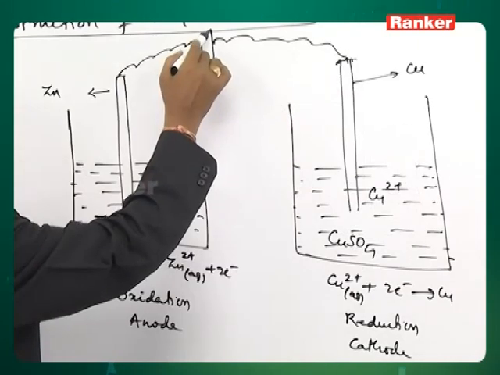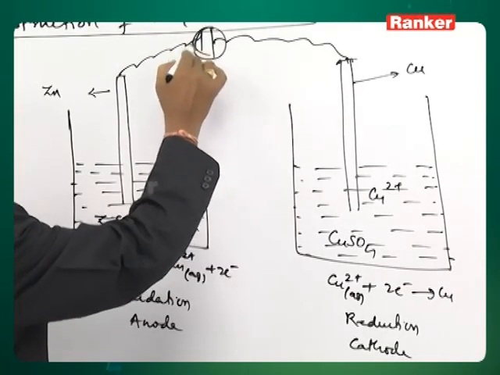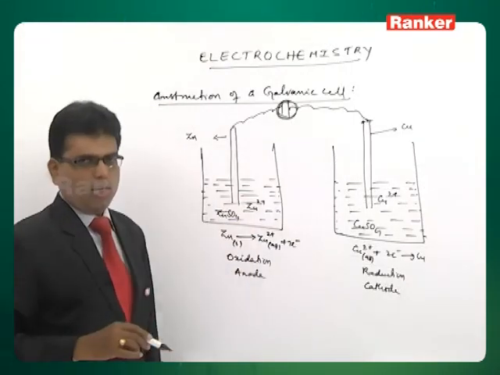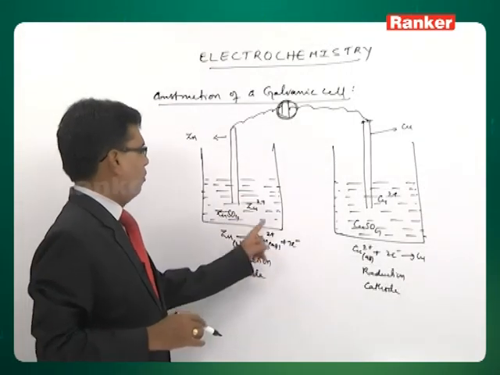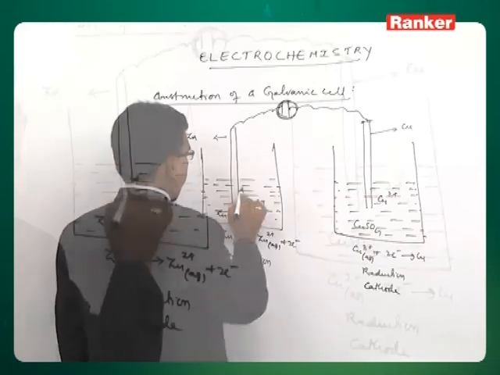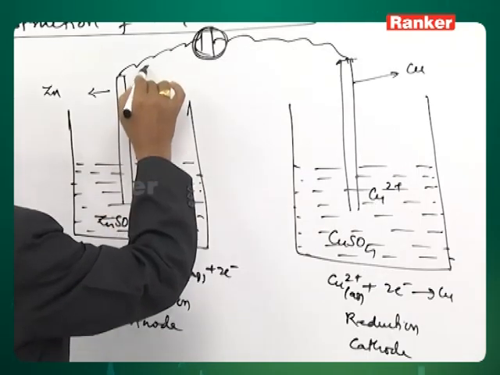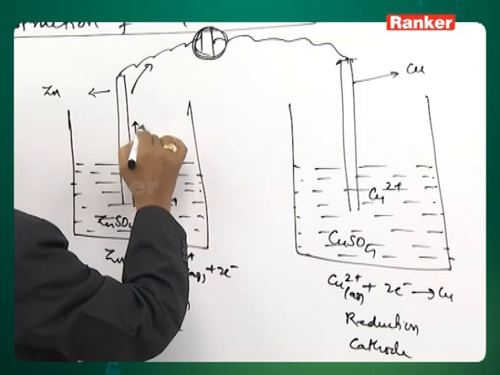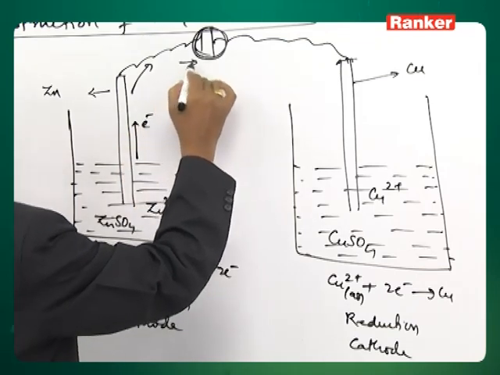If you have a bulb connected over here, then the bulb will start to glow because of the flow of electrons. Here the electron flow is from anode to cathode.